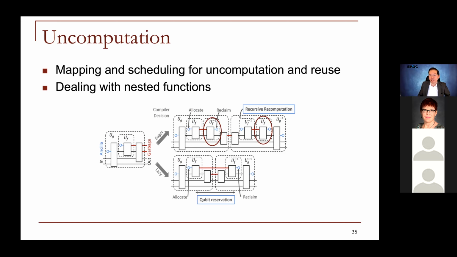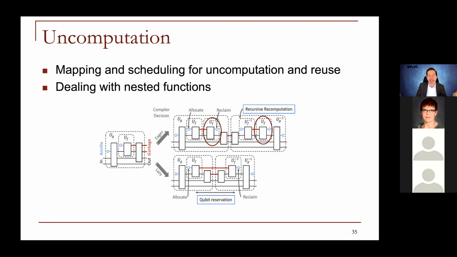But we pay pretty significant costs because not only do we have to uncompute U of F, it turns out when we have to uncompute U of G on the right, we have to recompute U of F, right? So it's an interesting effect that we have of recomputing our uncomputed things. So it's a lot of extra gates. Now, we basically have four options.